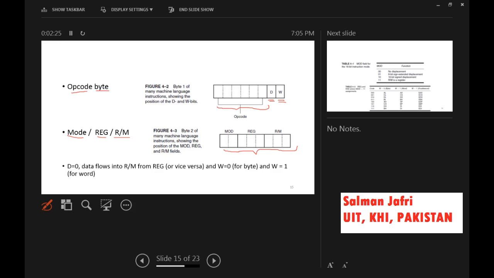One thing that is important in the slide is the direction bit: if D is 0, data flows into the r/m portion. Now when D is 1, data flows out of the r/m portion.